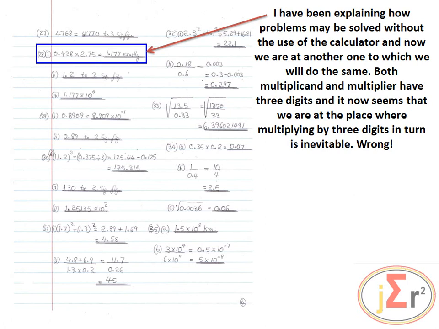And if we are multiplying, some students, candidates, may stick slavishly to a particular form or a particular method as long as the numbers have a particular appearance. But that is not the case. We do not have to stick slavishly to anything in mathematics. There is always an alternative.